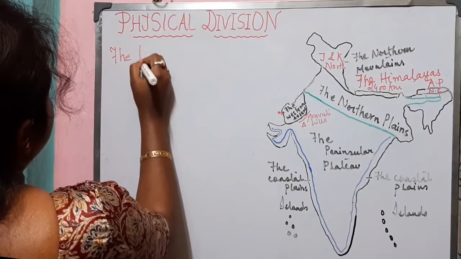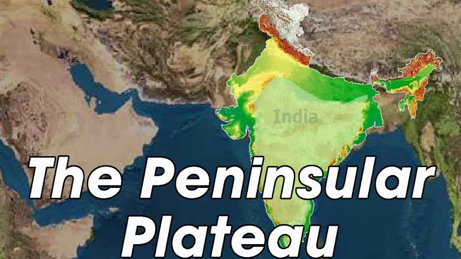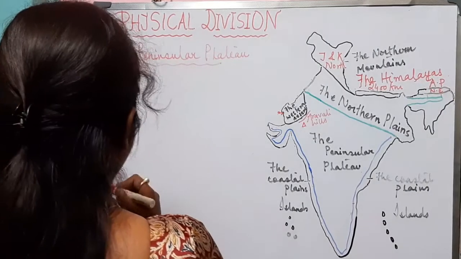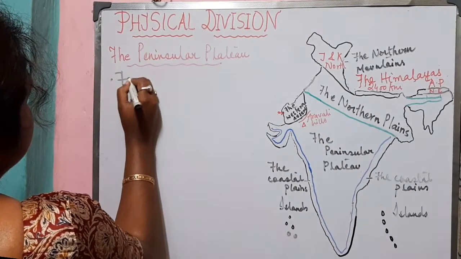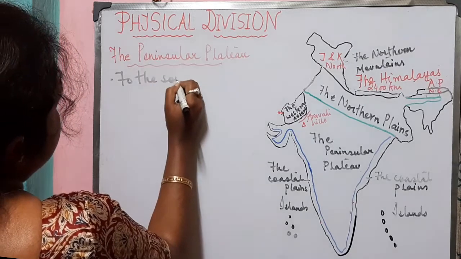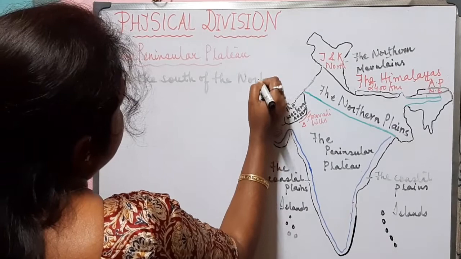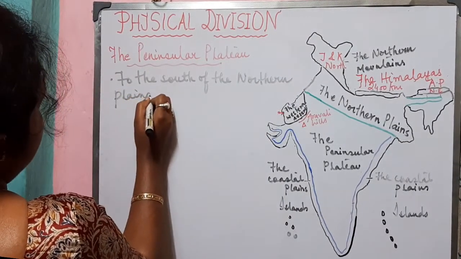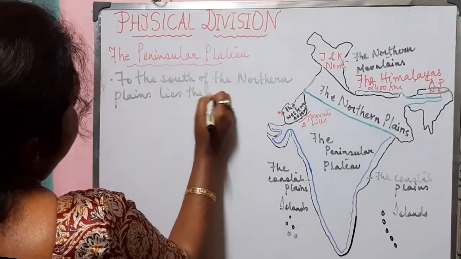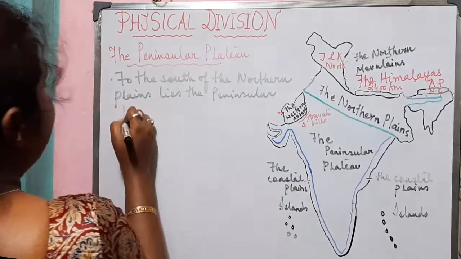The Peninsular Plateau. To the south of the northern plains lies the Peninsular Plateau.